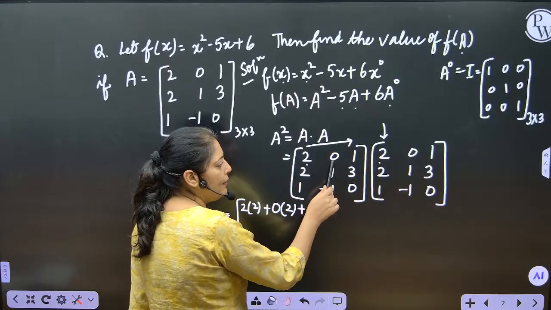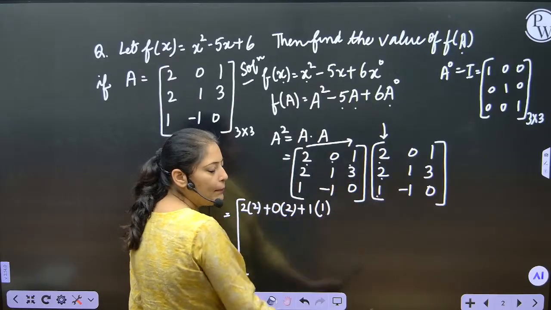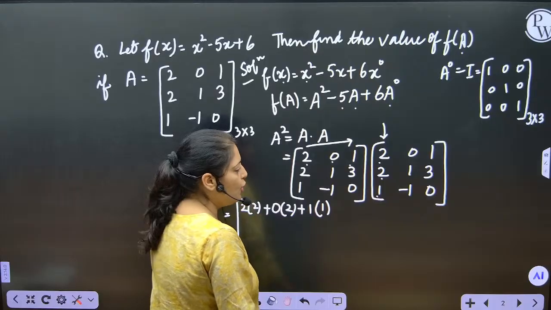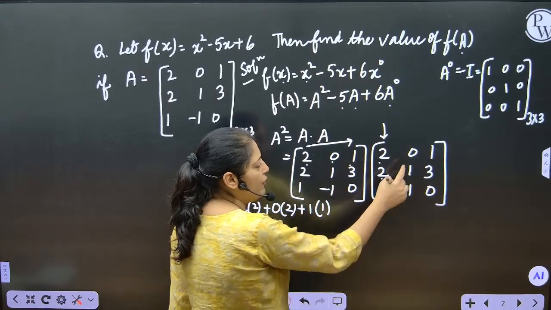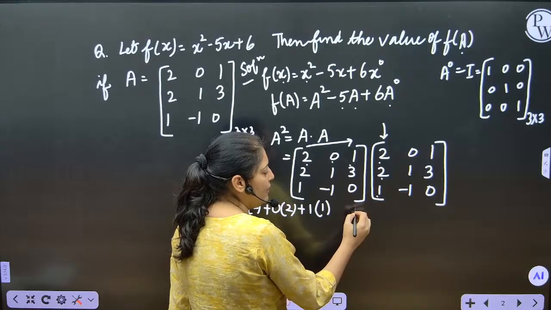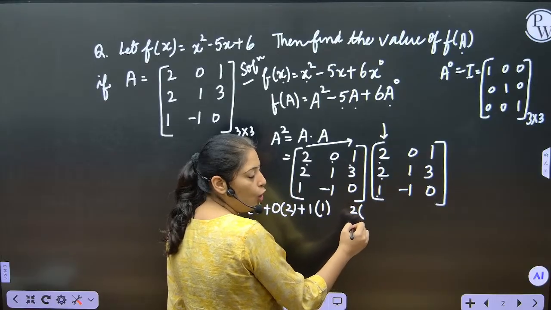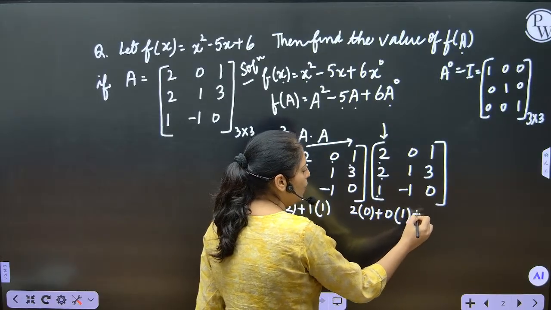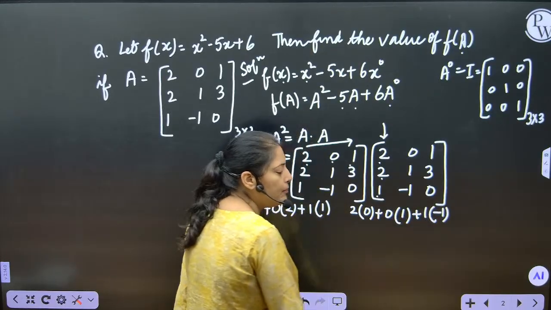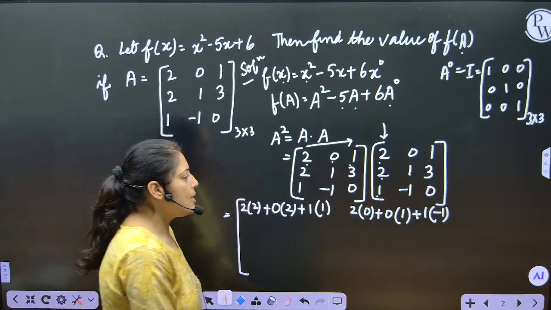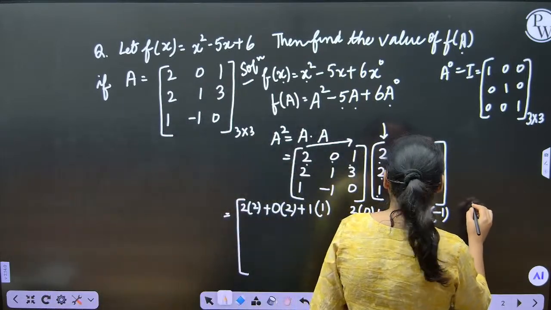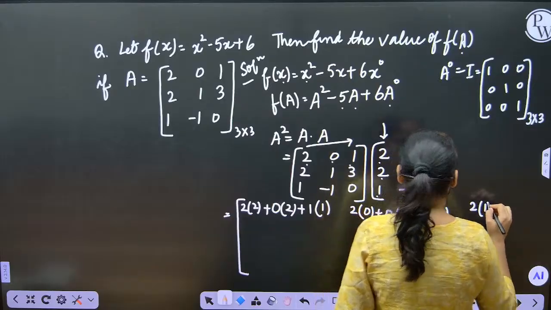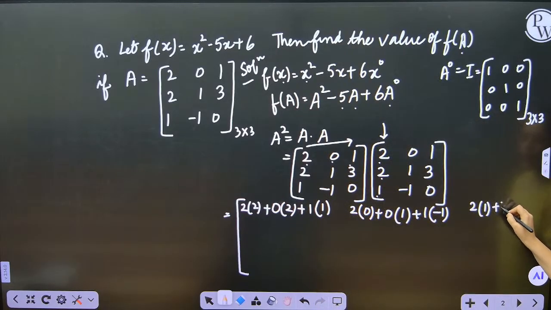Every element is getting multiplied with all the elements of the first column. Similarly, now first row will be multiplying with second column, 2 into 0, 0 into 1, 1 into minus 1. Similarly, first row, third column, 2 into 1, 0 into 3, 1 into 0.